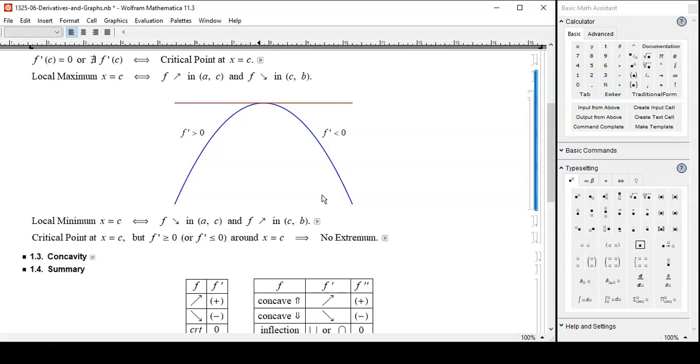So in terms of the sign of the derivative function, you get plus to minus. Do you see it? So right here we have the critical point, and over here positive derivative, and here negative derivative. Original function changes from increasing to decreasing. That's when we have local maximum. So whenever you have a critical point with transition of sign from plus to minus, you can see that this is local maximum, increasing to decreasing. See that?